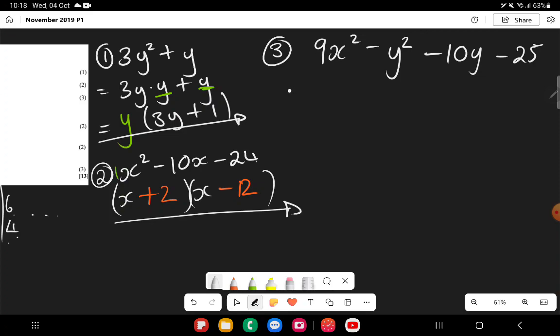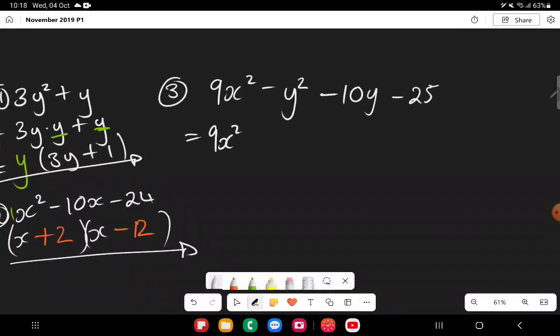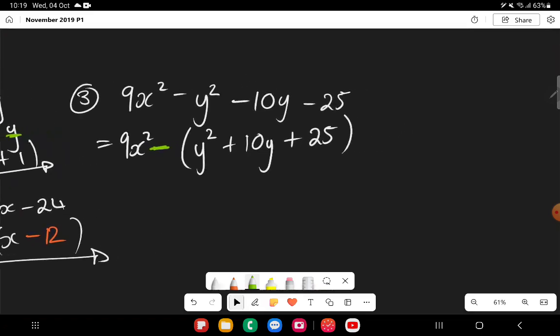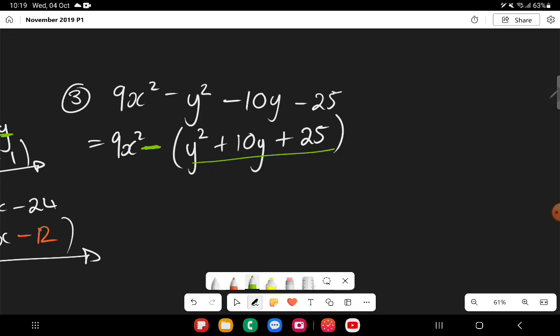So what I'm going to do is I am just going to take the 9x squared out, right? And the rest I am going to use as a trinomial. So I'm going to say minus, and then I keep everything the same. Let me think now. If I take a minus out, everything must change. So this becomes positive y squared. This becomes positive 10y. And this becomes positive 25 because I took this minus out. Do you remember that? All right, so let's factorize this section here.